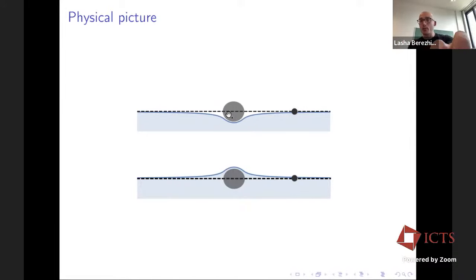So in the absence of the source, you would have a homogeneous dark matter distribution; once you introduce it, it creates this overdensity or underdensity. And the other probe particle can feel this overdensity or underdensity.